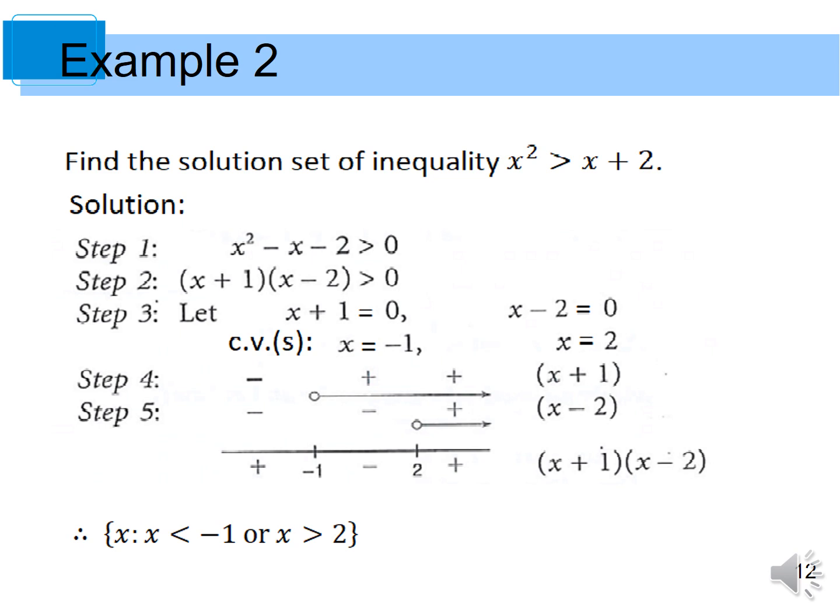The multiplication: negative multiplied by negative is positive. So this is the required region. You can see the sign here is actually produced by the multiplication of these two factors. For this region, x greater than 2, and for this region, x less than -1.